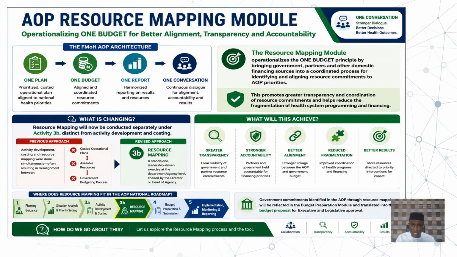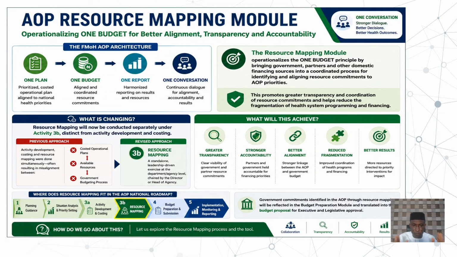Finally, before we go into the tool, the government commitment identified in the AOP through resource mapping will automatically be populated in the budget preparation module. That is the next session of this presentation, where you will see how all of these are aligned with the standardized chart of account framework.